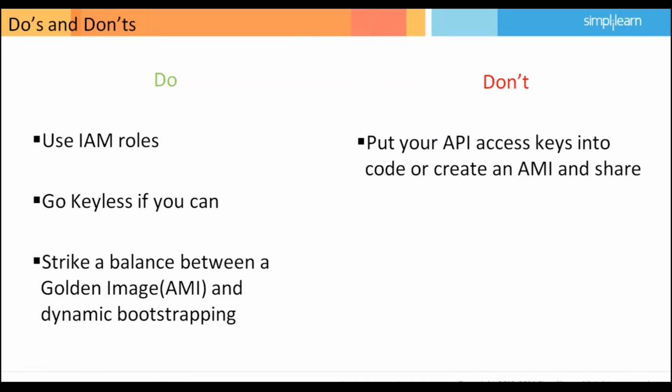And go keyless if you can. Keyless is about key pairs. If you have ever built an EC2 instance, you know that to log into it you need a key. So ideally, if you build an auto-scaling group, you should go keyless, so that even if someone has a key, they won't be able to log in because the key was not defined for that particular auto-scaling group. Then you need to strike a balance between your golden image, which is your AMI, and bootstrapping. So probably you have a set of servers and you have built your application already.